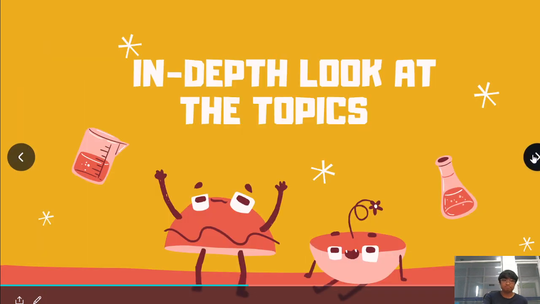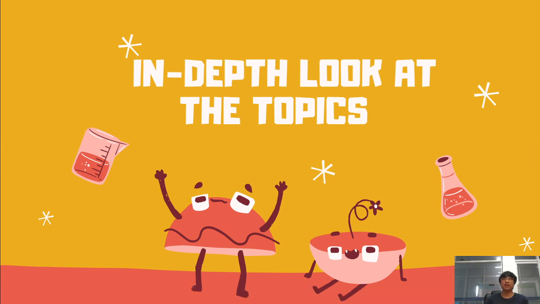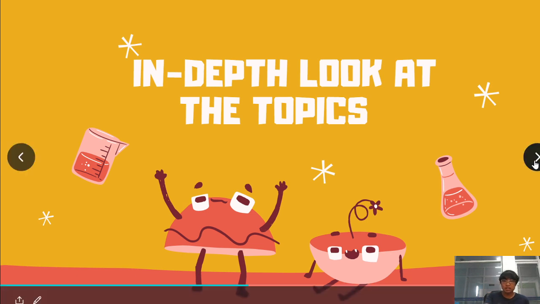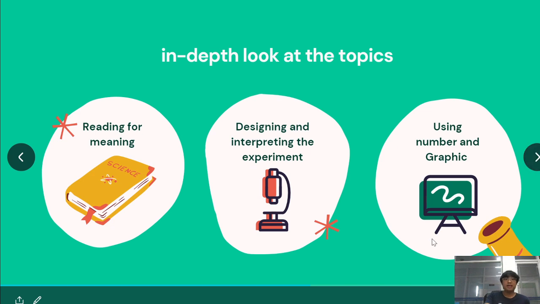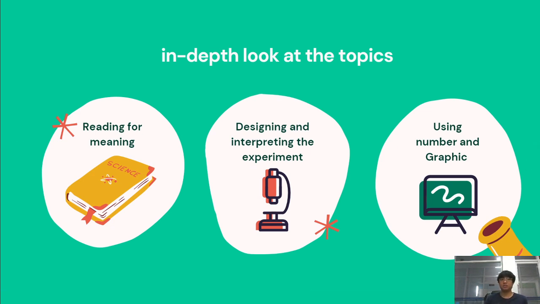So let's have an in-depth look at the topics in GED Science. There are three main topics. The first one is reading for meaning. They're going to give you a passage or information. After that, they're going to give you designing and interpreting experiments.